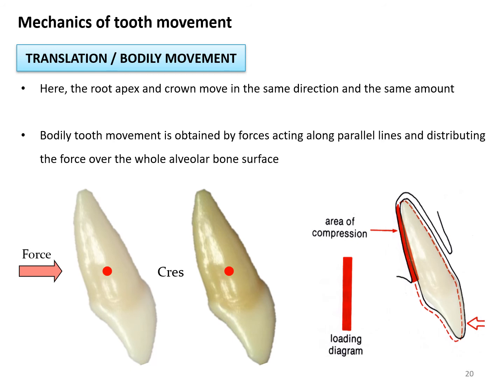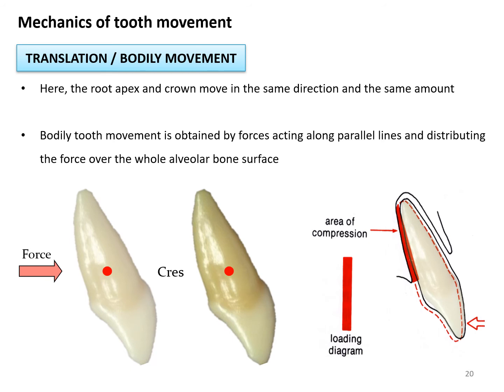So the root apex and the crown both move in the same direction and the same amount. These are obtained by forces which act along parallel lines and are distributed over the entire alveolar bone surface. So that is what causes the tooth to move bodily.